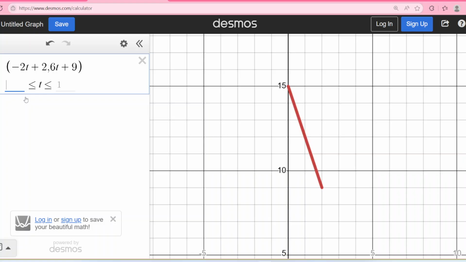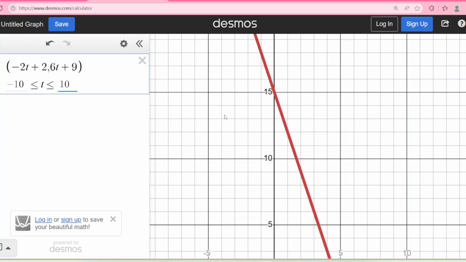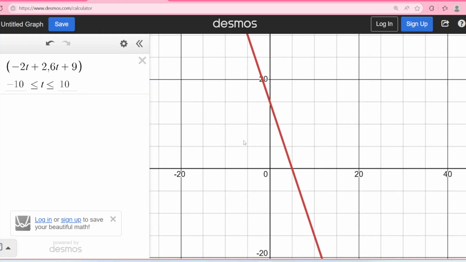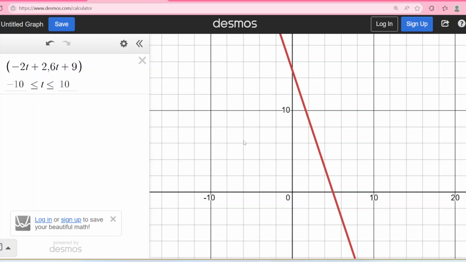Now I'm going to go to a larger range of t here. I'll go negative 10 to 10. So when t ranges from negative 10 to 10, we get much more of this line being traced out. But this is the curve being traced out with our parametric equations.